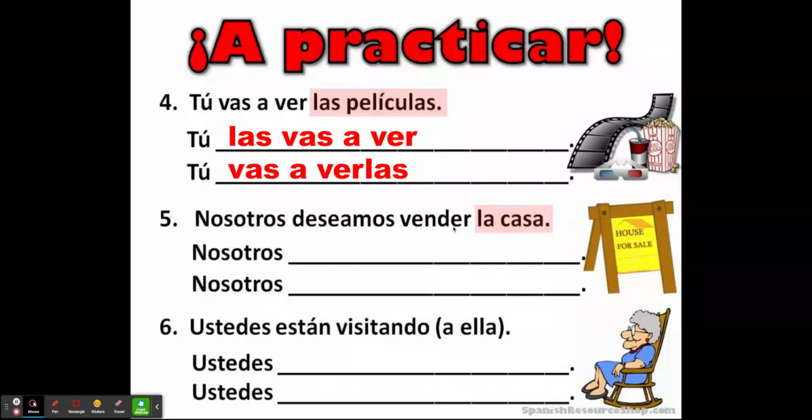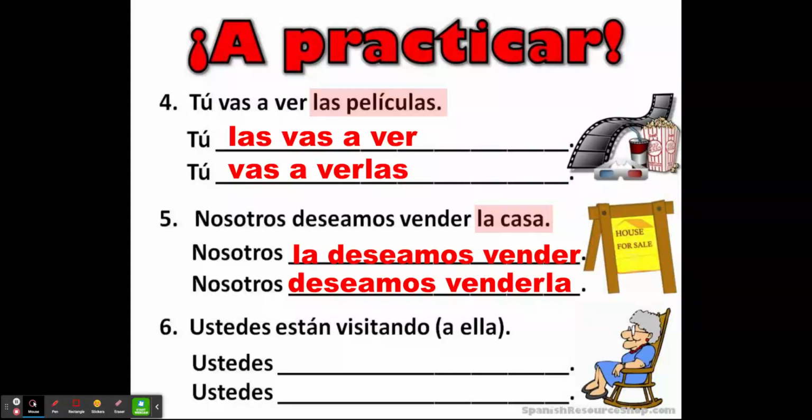Then the second one, nosotros deseamos vender. What is that we desire to sell? La casa. So here it is. Nosotros la, here again, recycle and use this. La deseamos vender. And then the second form, using the infinitive form, deseamos venderla.